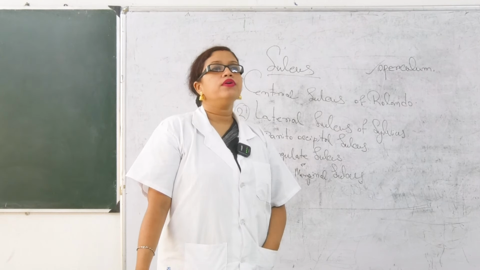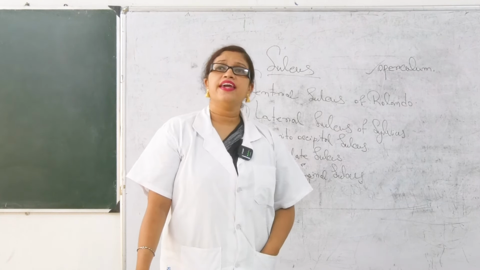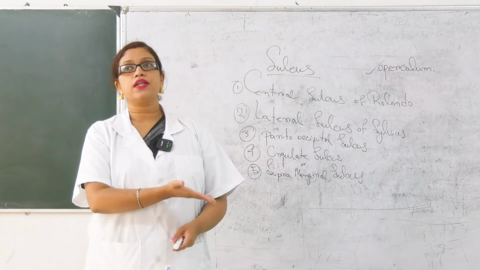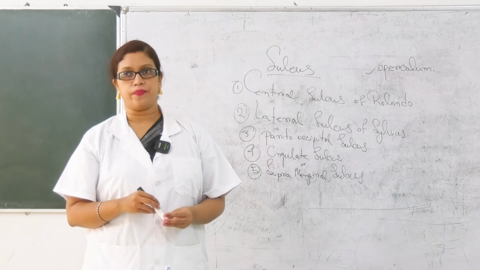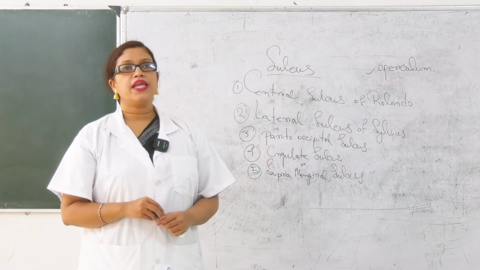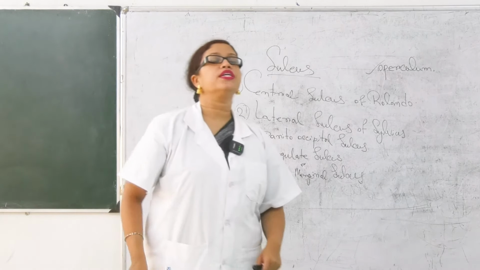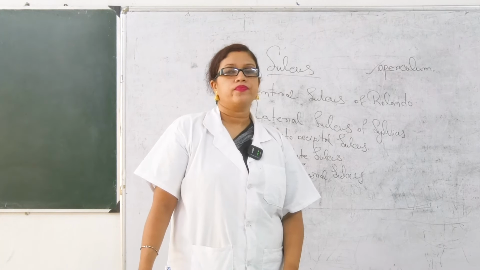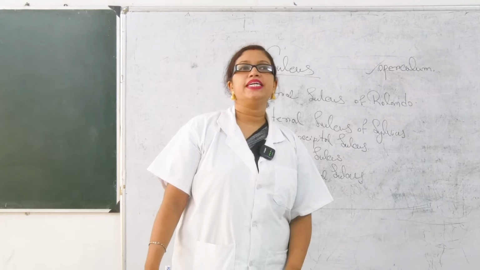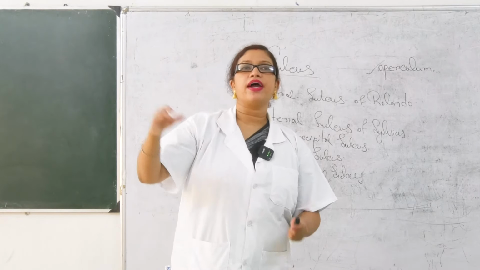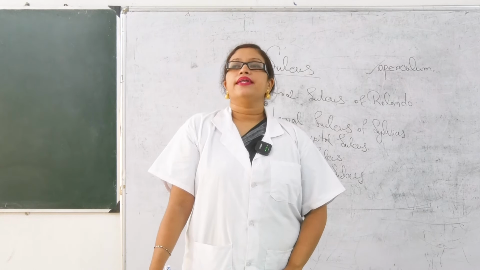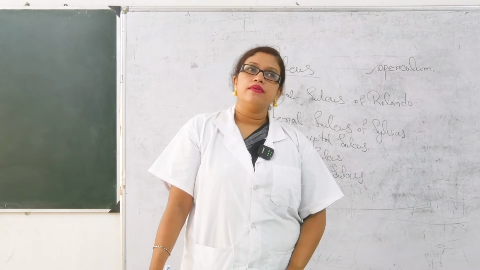Always remember, it is found only in the horizontal or transverse cross section of brain parenchyma. Internal capsule has 3 parts.